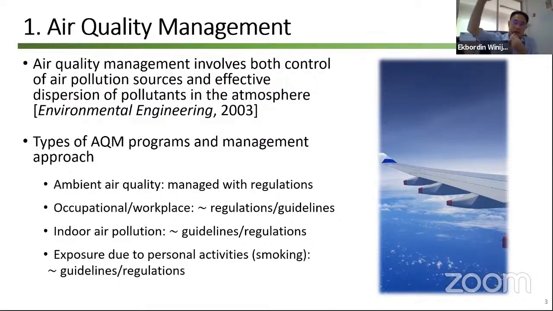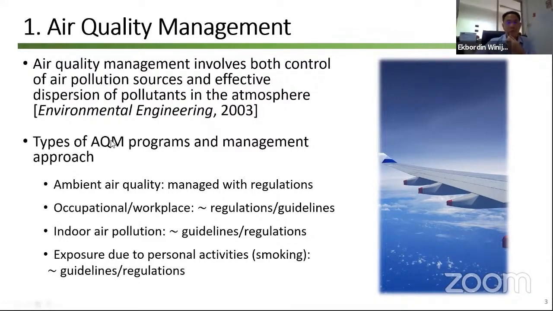If we have a higher stack, before the pollutant reaches the ground or the receptor, the volume of air that mixes with the mass is going to be larger, so the concentration is going to be lower. So to go back to this idea, the method that we use is to control air pollution from the source itself, and also to improve the dispersion so that the pollution level that will reach people is going to be lower.